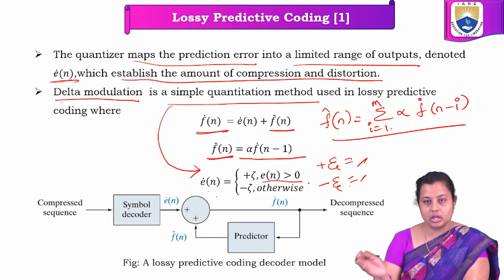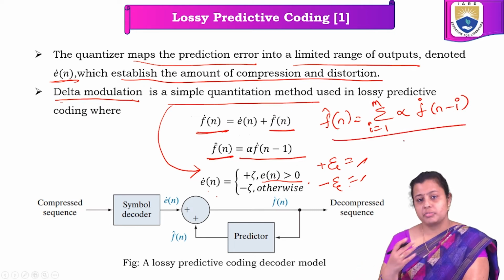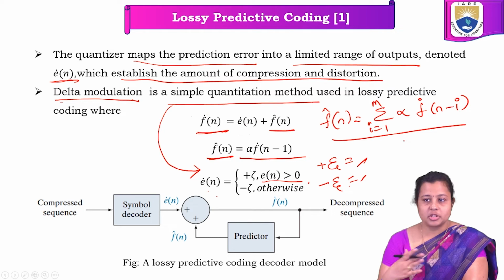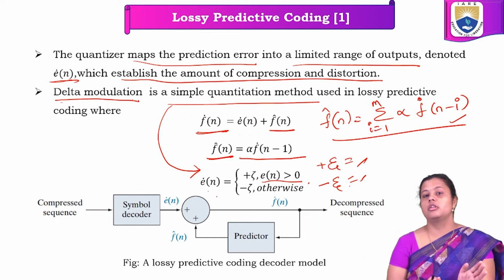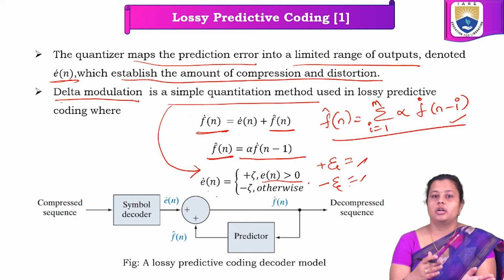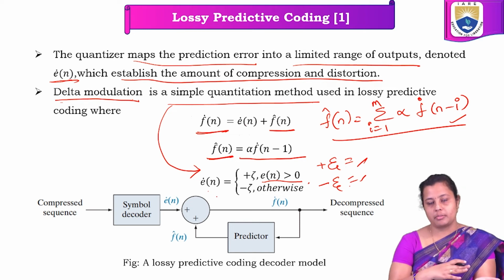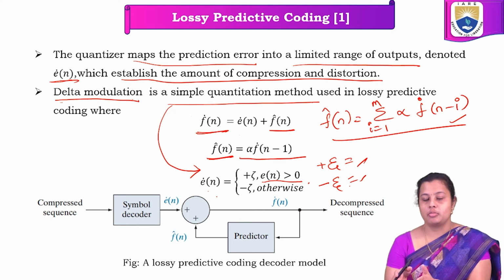So this predictor is based on the previous summation values only. What was summed previously in lossy predictive coding? We had summed the previous input sequences, and based on that we predicted the present pixel intensity value.